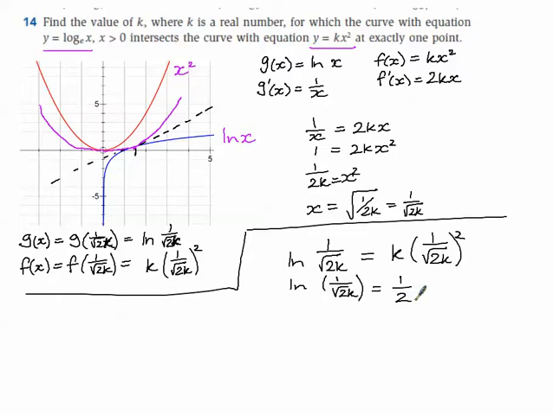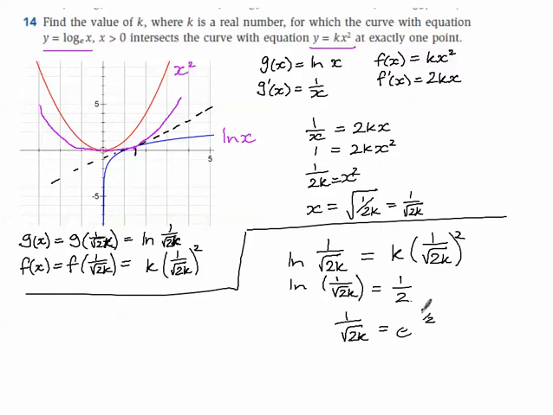Okay, now our aim is to find out what k is going to be. In order to make those two intersect, we've got to undo it and have k on its own. So we end up with 1 over root 2k is equal to, so the inverse of the natural log is e, I'll put the half there.